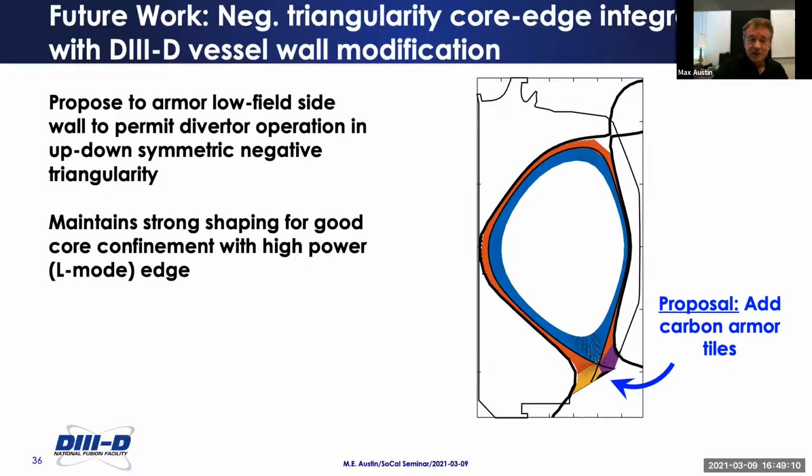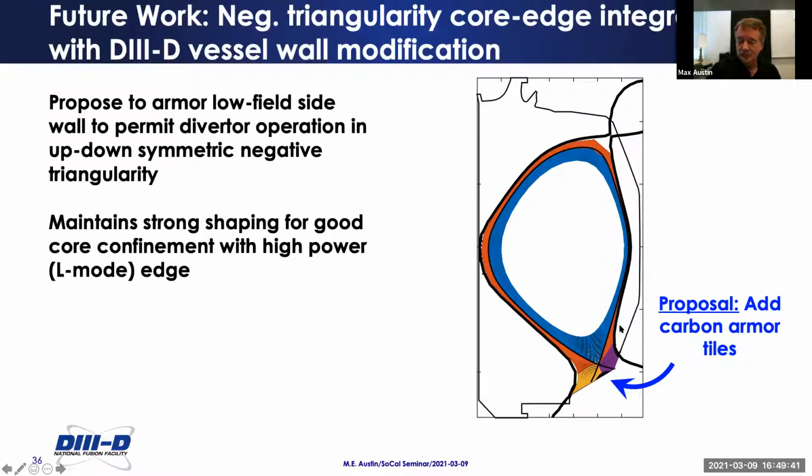Okay, so for the future, like I said in the beginning, we can't make a true diverted, symmetric, negative triangular shape in D3D because of the outer wall not being able to take the power. So there was a proposal put into the FES to armor up the outer wall by adding carbon tiles that are either cooled or beefed up to allow this shape.